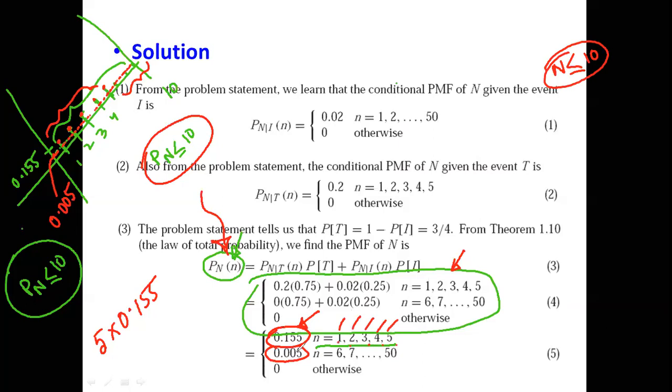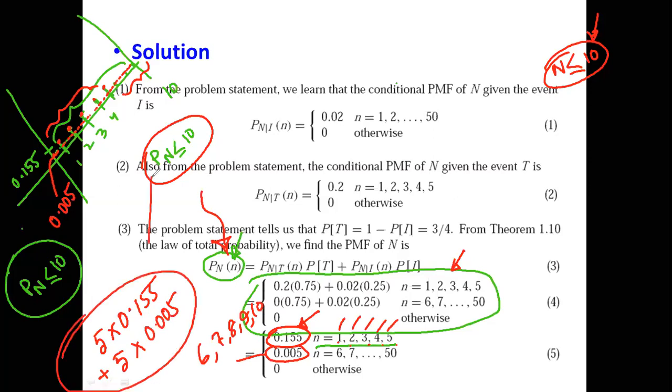And this 0.005 again 5 times because this is for 6, 7, 8, 9, 10. We will not go for 11 because it is told less than or equal to 10. So that will be added with 5 into 0.005, and that will be the probability of n less than or equal to 10.